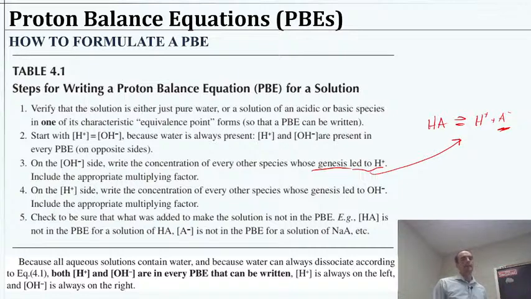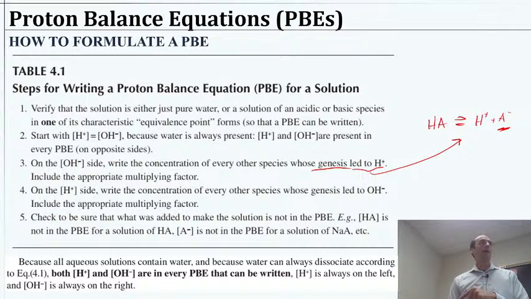And last thing we need to do is go through and check to make sure that we didn't put anything in our equation that was directly added. And what I mean by that is for this scenario here with HA. We do not include HA because HA was not formed to produce H plus or OH minus.